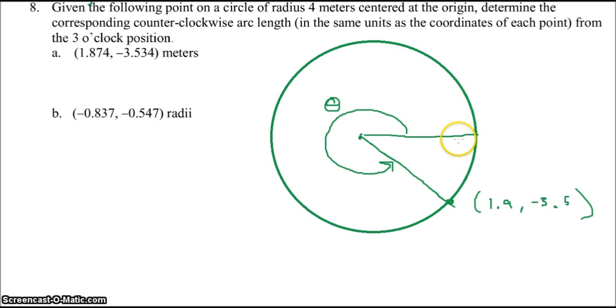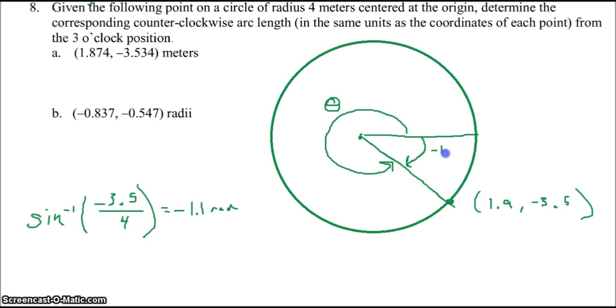Well, there's some sort of good news here, I think. If we look at the inverse sine of negative 3.5 over 4, we get about negative 1.1 radians. What that tells us is that this angle is negative 1.1 radians.